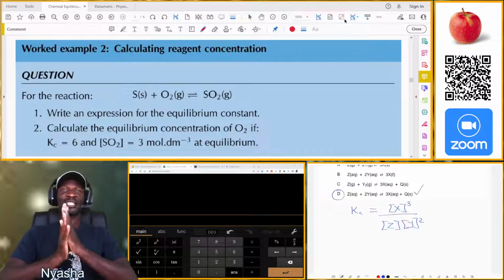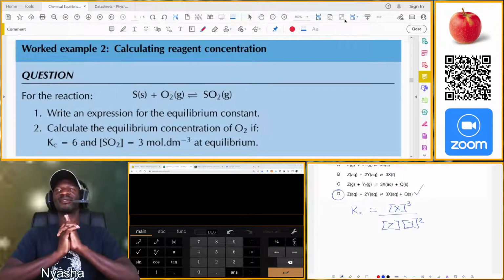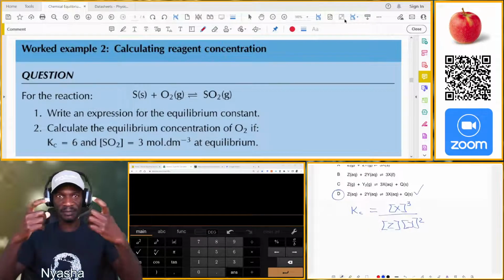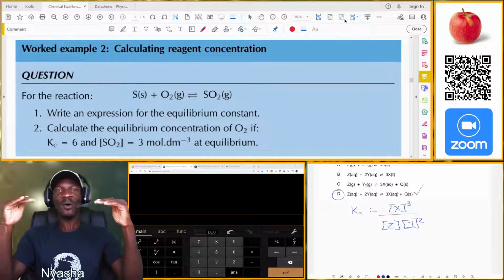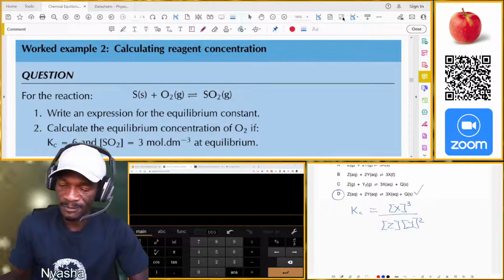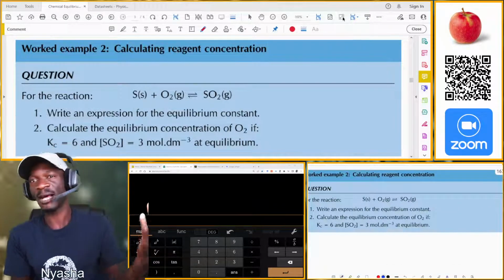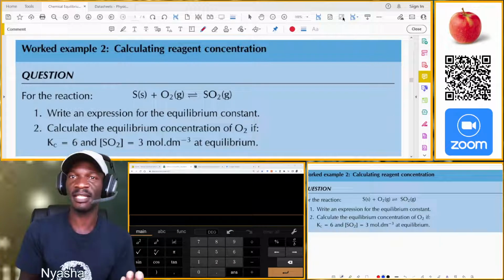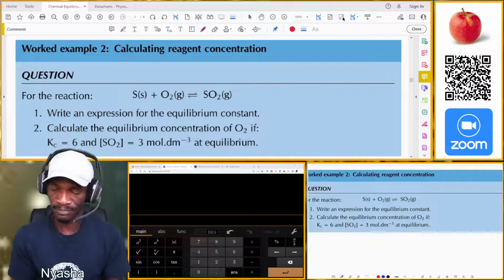It's very important to remember that when we express the equilibrium constant, we are looking at a state where the reaction is now at equilibrium. There might be concentration of some species at the beginning, but then it changes until we get to equilibrium.